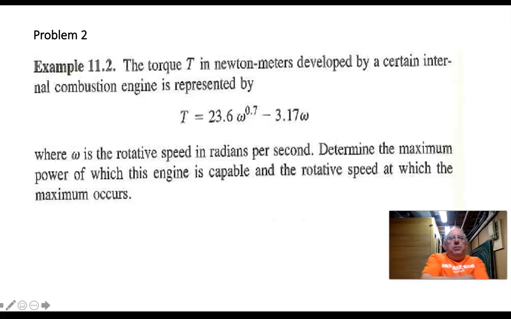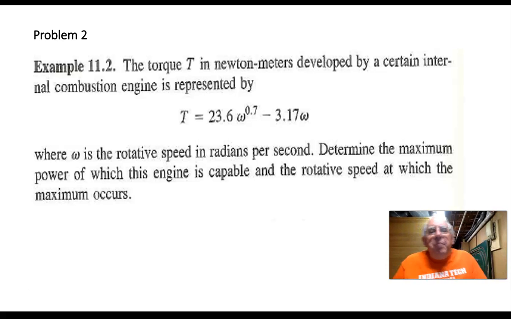In this particular problem, the objective function is torque, which we'll give by capital T, and that torque, which is in units of Newton meters, is developed by an internal combustion engine, and we find that it is represented by an equation that has two terms, two parts, wherein omega is the rotational speed of the combustion engine, and that's in radians per second.